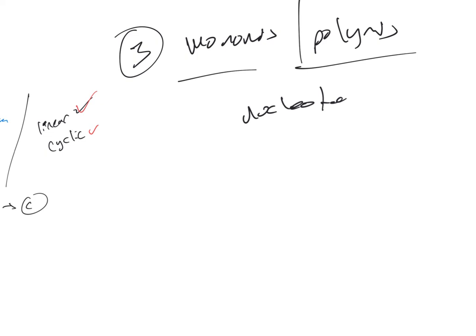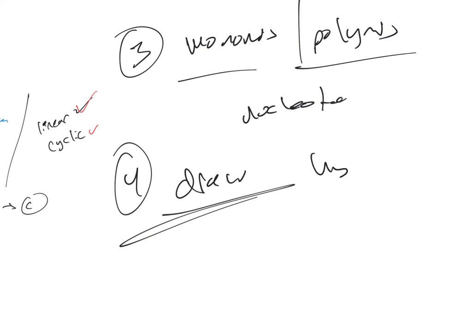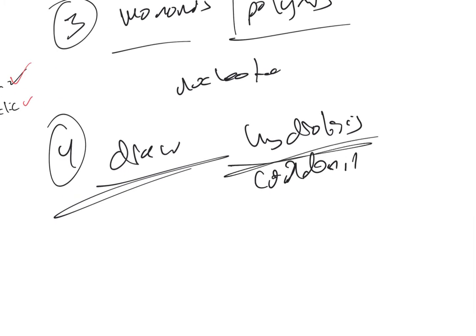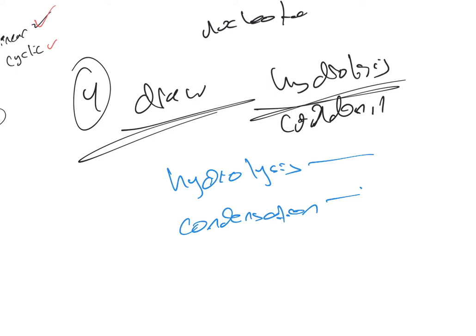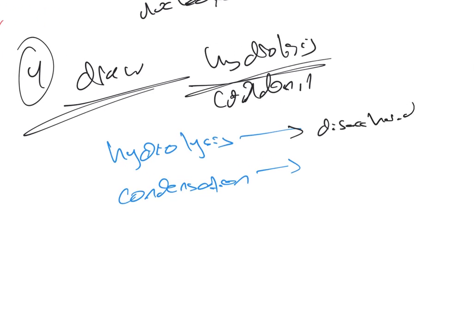Okay, the last thing you can do, this is the hard part, is draw hydrolysis and condensation. Sorry guys. Draw hydrolysis and draw condensation for a disaccharide and a dipeptide.